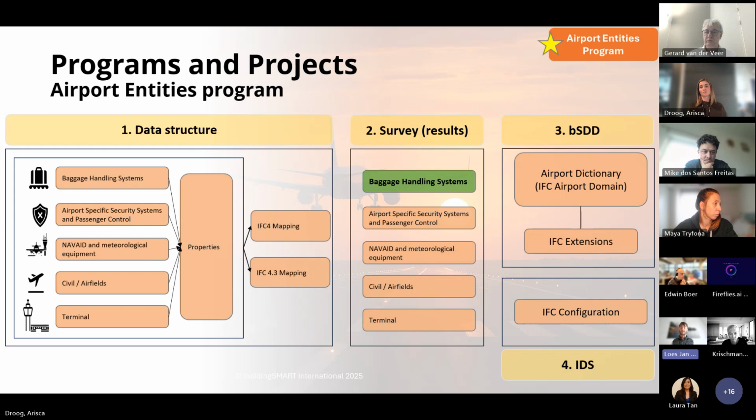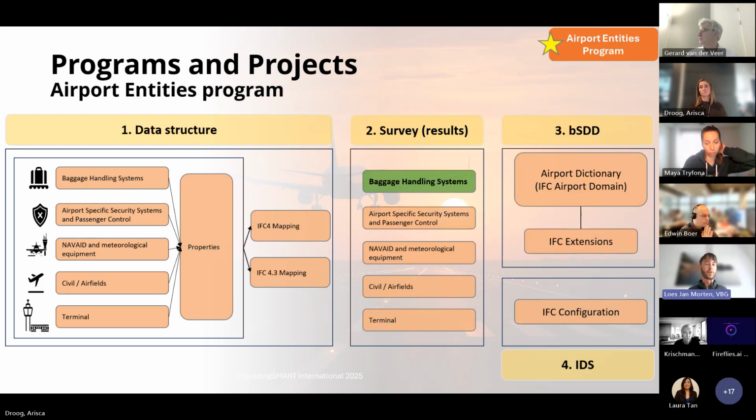We came up with different kinds of sectors: baggage handling, airport-specific security systems, and passenger control. While this is maybe something that is horizontal across many different domains, it can also be applied to harbors or train stations. Then we have the navigation and meteorological equipment, which is maybe more specific to airports. We have this section of civil airfields and the terminals, of course.